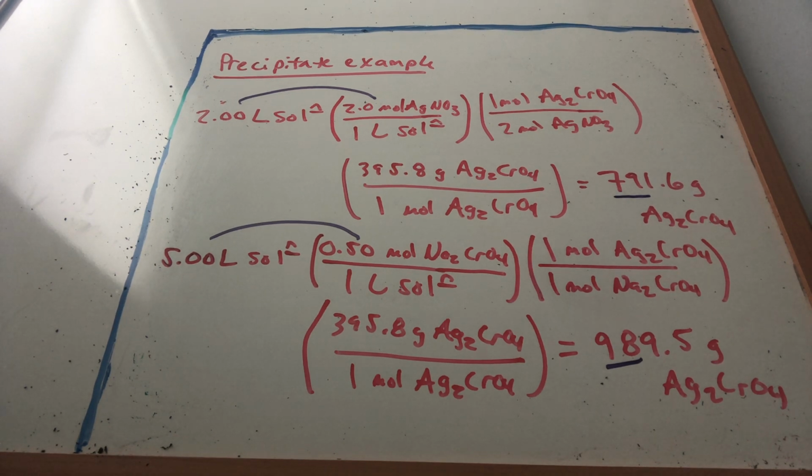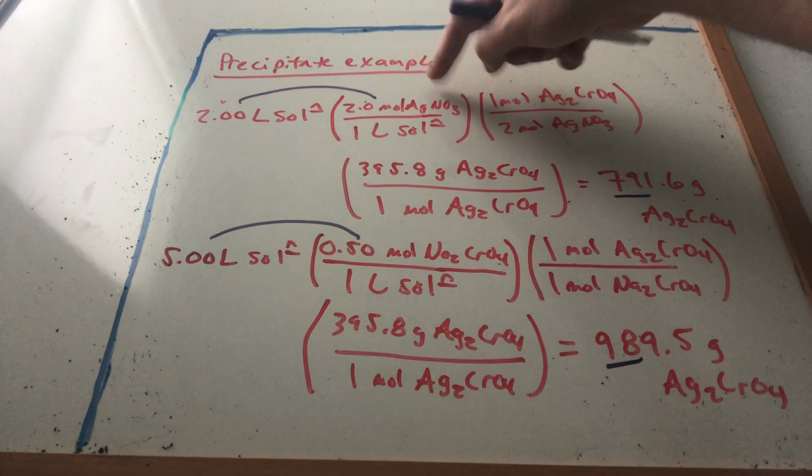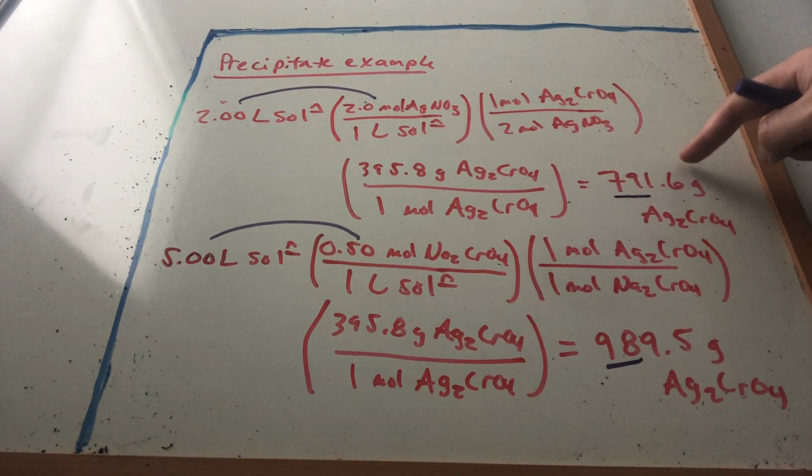But can I compare 791.6 grams of Ag2CrO4 to 989.5 grams of Ag2CrO4? Yes, absolutely, I can compare these because they have the same unit and identity. And so how much is made? Well, these numbers tell us that the maximum amount that this reactant could make is this.